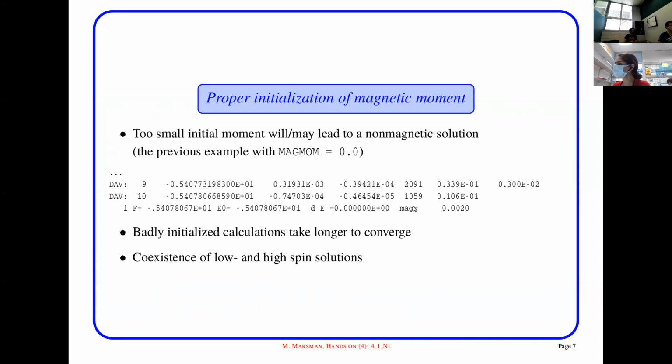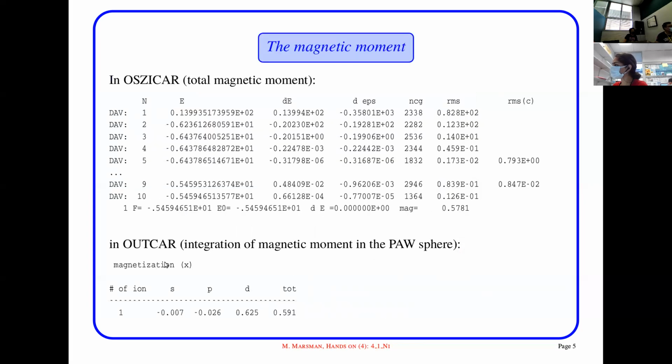Then you see that VASP is telling you, yeah, don't worry, but here the energy is minus 0.54 to the power of 1, and here the energy is minus 0.5459. So the energy with the magnetic moment is slightly more negative than the one without it, because nickel is magnetic. So it makes sense.